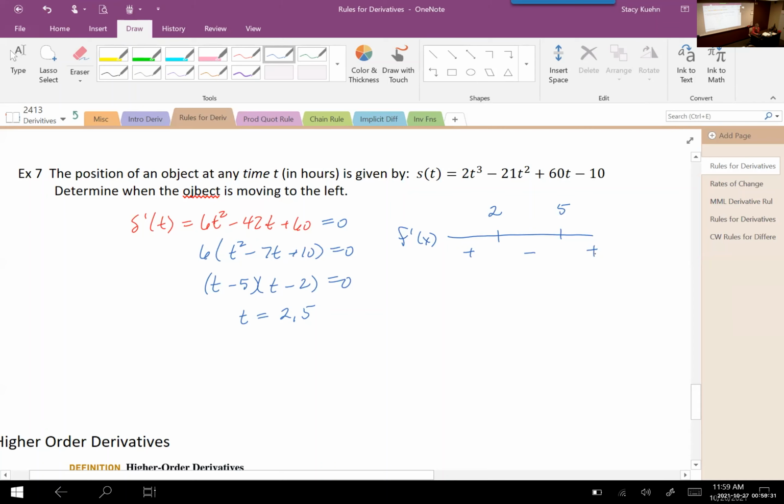What we're looking for is where the derivative is positive versus negative, because positive implies movement to the right, and negative implies movement to the left.